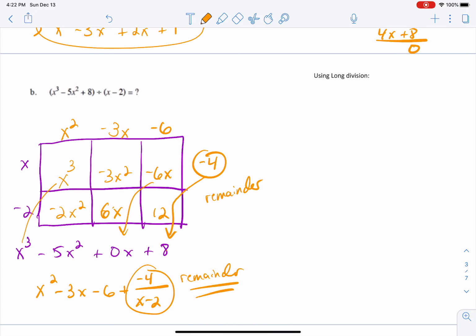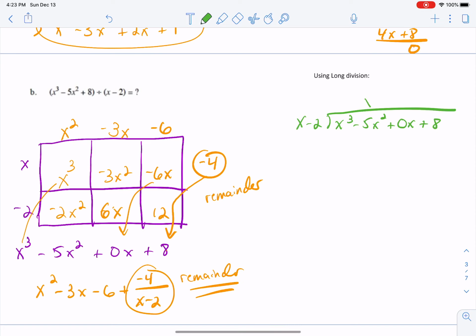Doing this exact same problem using long division, how many times does x minus 2 go into x cubed minus 5x squared plus 0x plus 8? Make sure you're filling in your 0x.